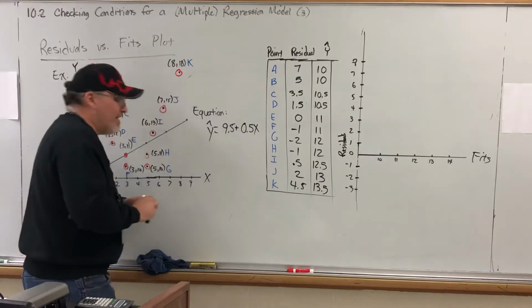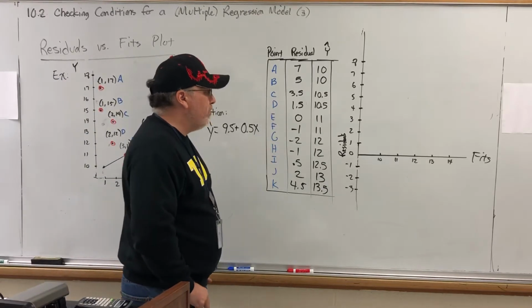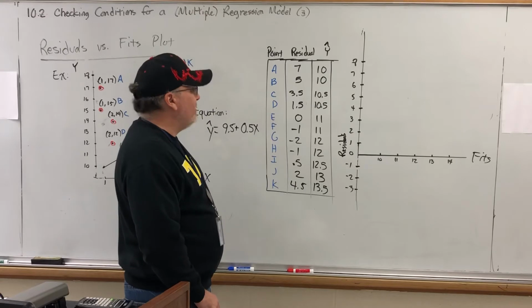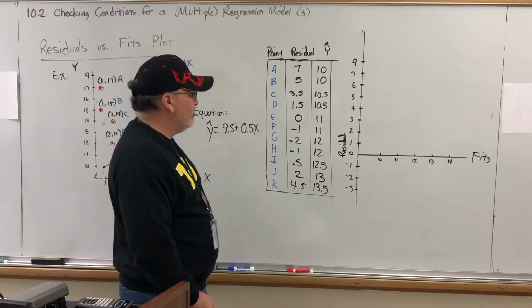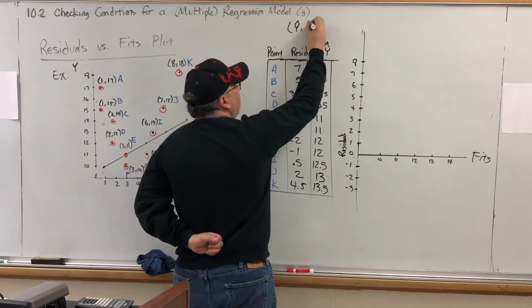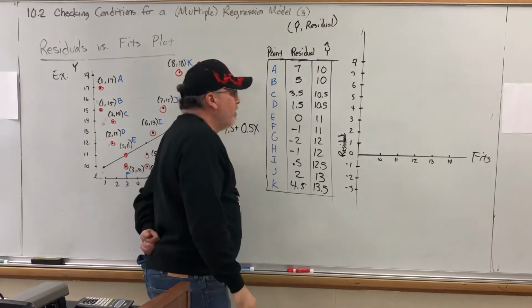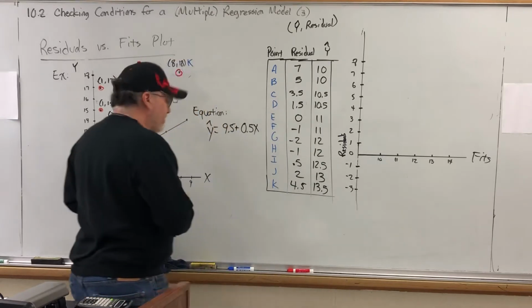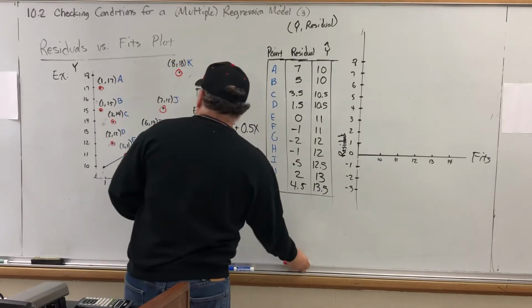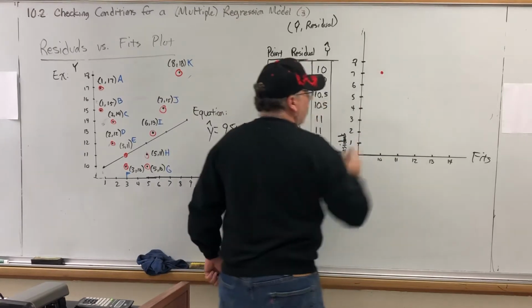The reason I regret having the columns in the order that I do is that when we plot these, we plot the predicted y value first, followed by the residual. So we need to plot the points y hat, comma, residual to make our residuals versus fits plot. So our first point is over 10, up 7. So if we go over 10 and up 7, that puts us about here.